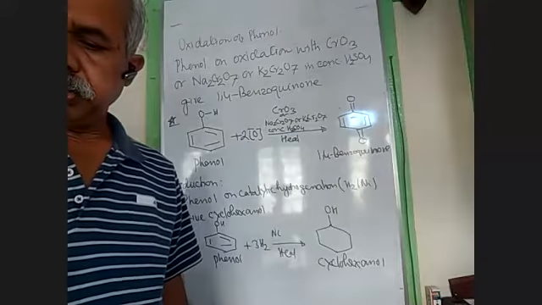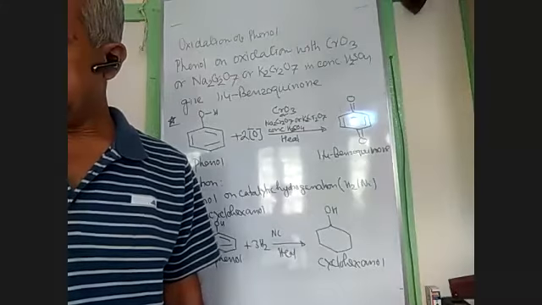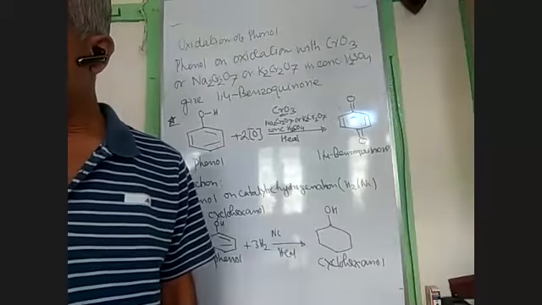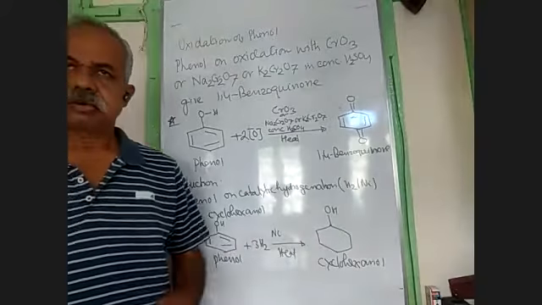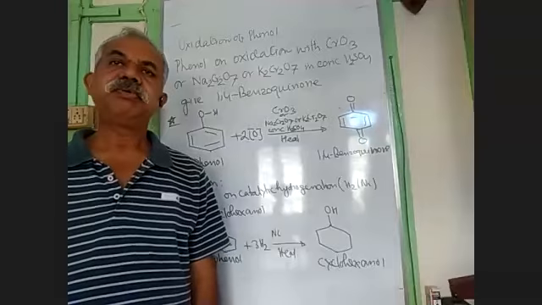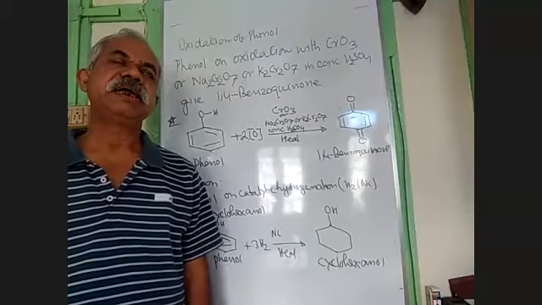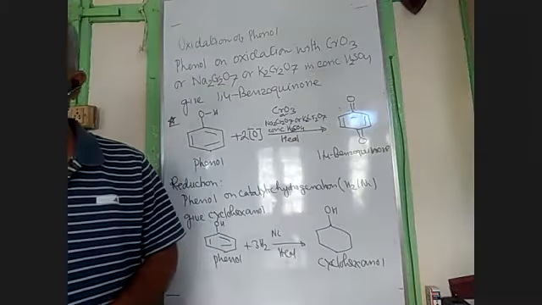So if you heat phenol with phthalic anhydride, in your summary notes I did not write it. In that case, it undergoes a condensation reaction to give a very important compound, which we call phenolphthalein. I think you have heard of phenolphthalein. Phenolphthalein is a dye and is used as an acid-base indicator. Okay.